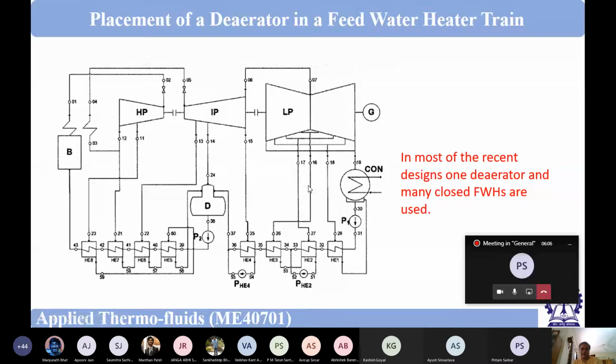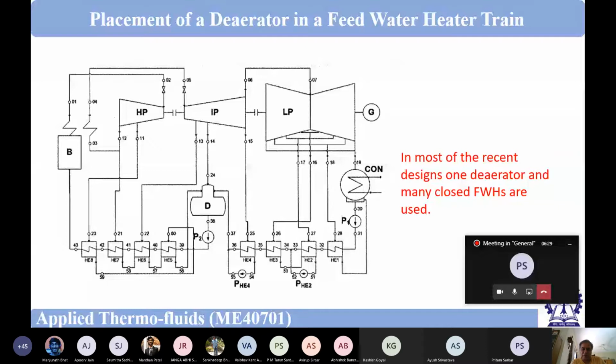So we are extracting steam at different pressures of the turbine. So there should be some sort of a guideline that at what pressure we have to extract the steam so that our plant efficiency is high.